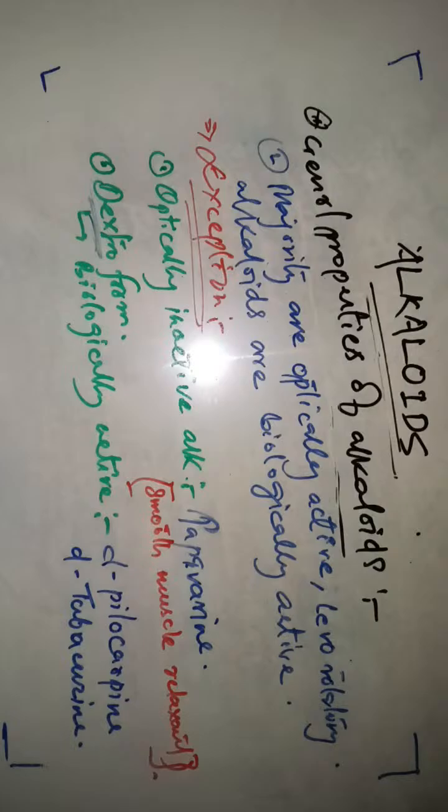Next, both levorotatory and dextroform are biologically active. Example is quinine. Quinine has two types, dextroquinine and levoquinine. Dextroquinine is antiarrhythmic, whereas levoquinine is antimalarial. So the next point is both levo and dextrorotatory.